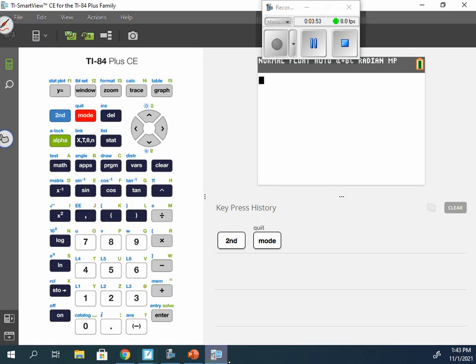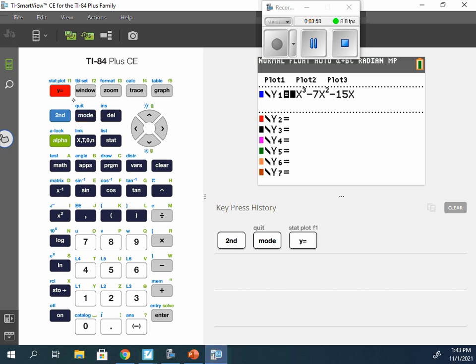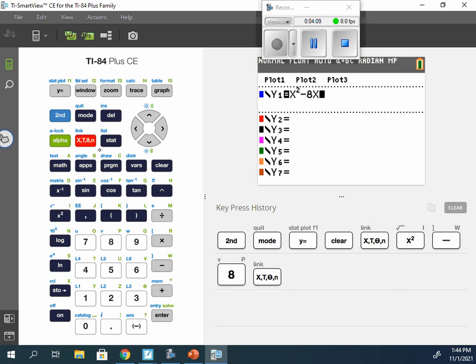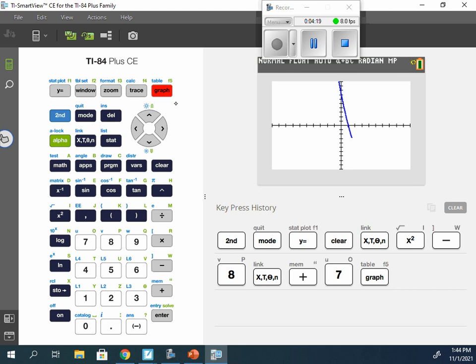Now, in the graphing calculator, what we would do first is hit y equals. And then we would type our function in, which would be x squared minus 8x plus 7. Once we get it typed in, we'll hit graph.